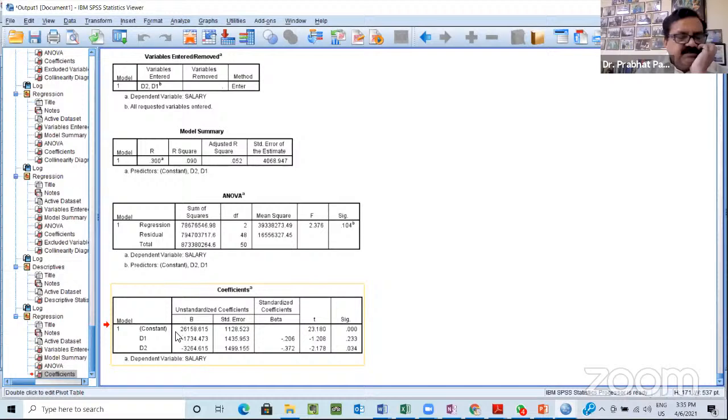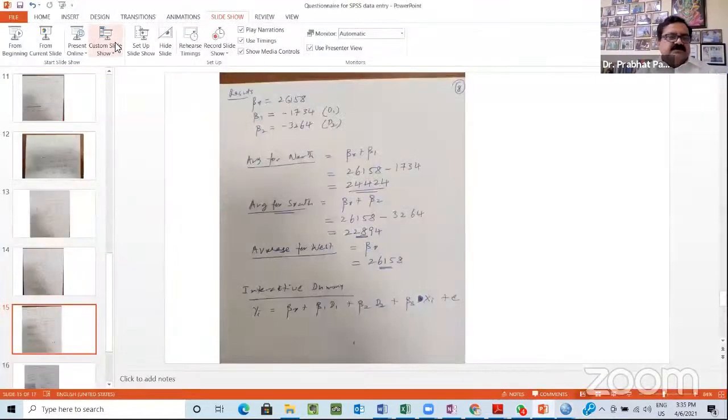So the constant is 26,158, and the D1 is minus 1734, and D2 beta is minus 3264, right? So we go back to this result.